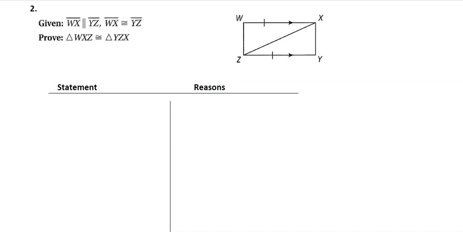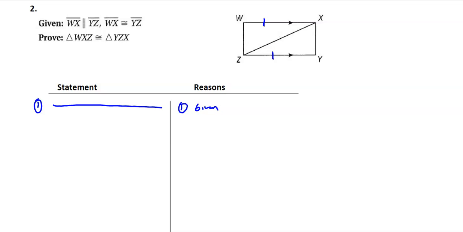Got some parallel lines, so I know alternate interior angles are going to come into play here. So step one, given, copy all the information down. I do have a freebie. I do have WX is congruent to ZY, so I do have a side to start with, so that's nice. Well, let's start going.